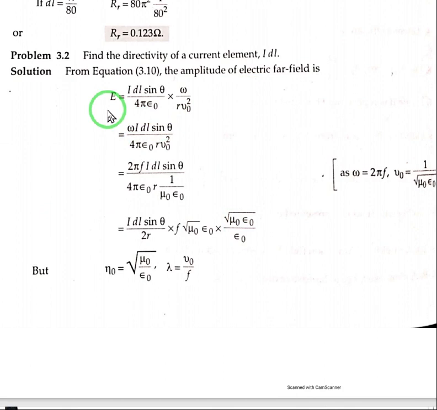As we know, for the Hertzian dipole, E is equal to I dl sine theta over 4 pi epsilon naught, multiplied by omega over r v naught square. That is the electric field equation for the Hertzian dipole. As we simplify the equation, 2 pi f replaces omega, giving I dl sine theta over 4 pi epsilon naught r.